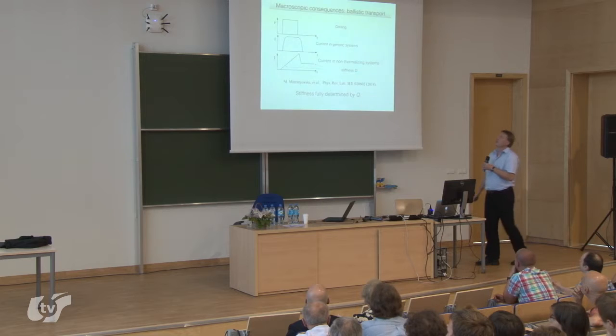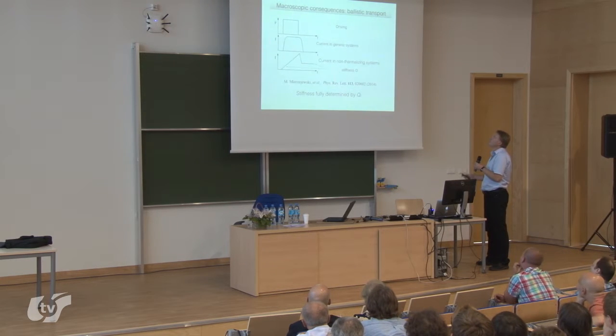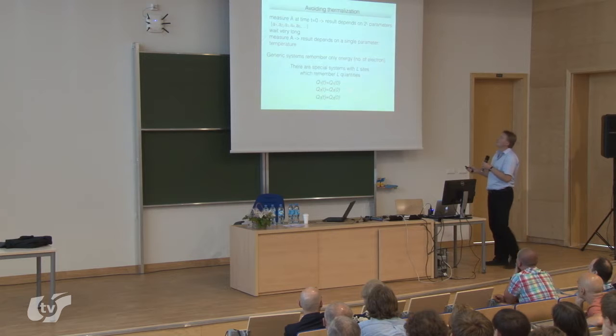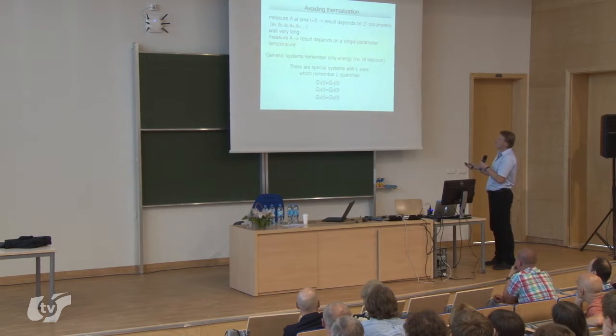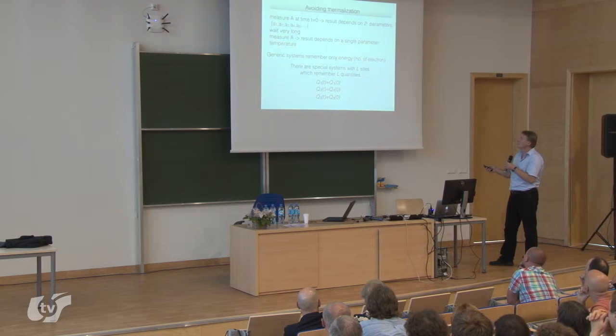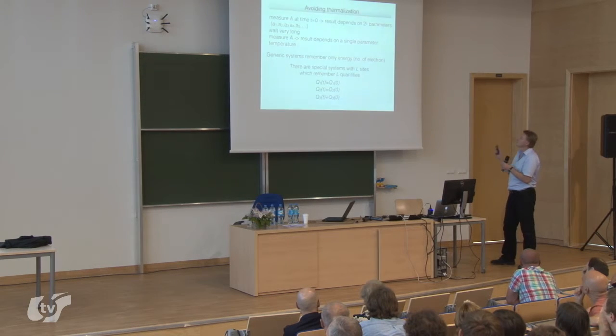So how can we observe that the system we deal with belongs to this special group of systems which remember many quantities? We call them conserved quantities. This is analogous to conservation laws in physics: we have conservation of energy, conservation of particle numbers, and there are some other conserved quantities.